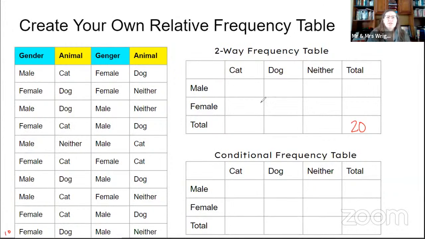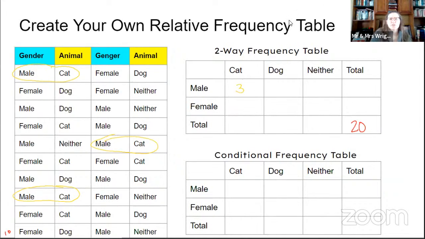All right, so the first thing I want to look at is males who prefer cats. Males who prefer cats. So I've got 1, 2, 3 males who prefer cats.